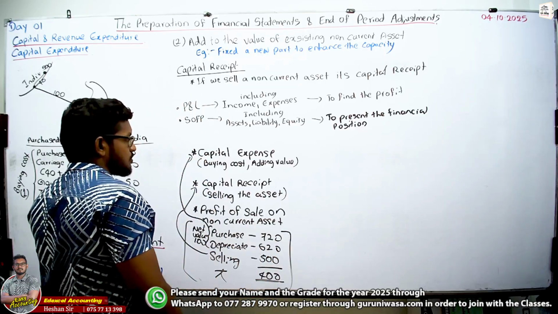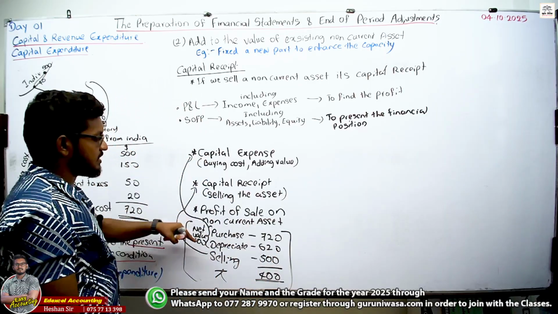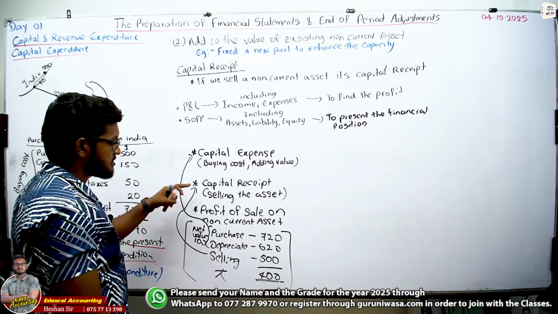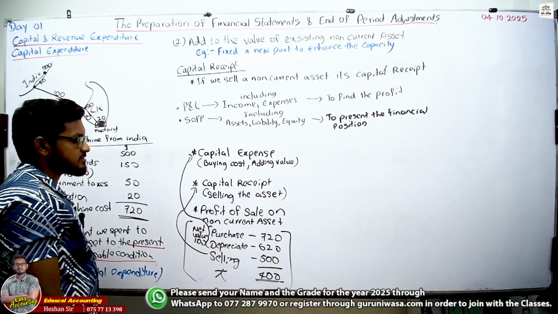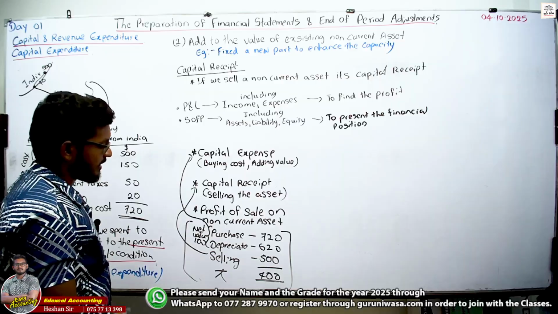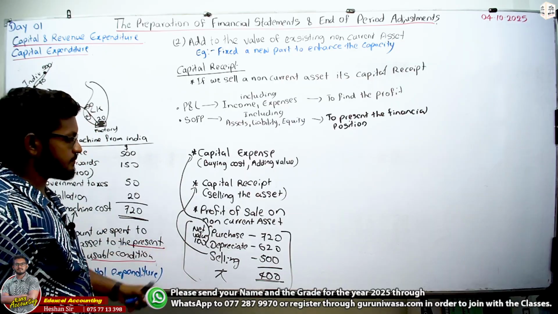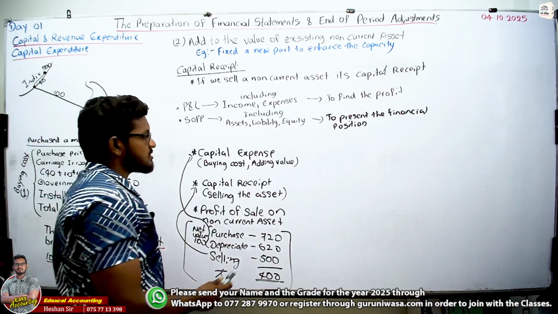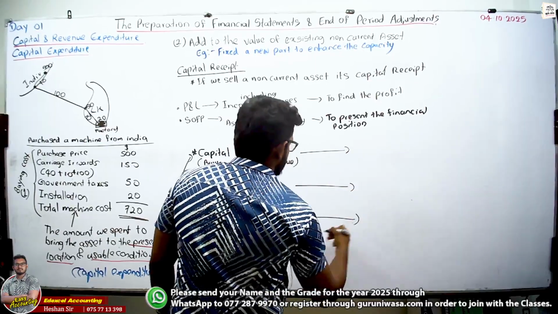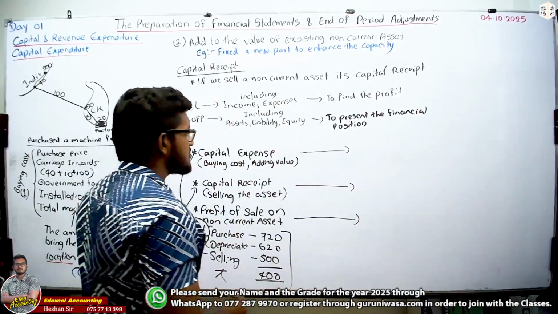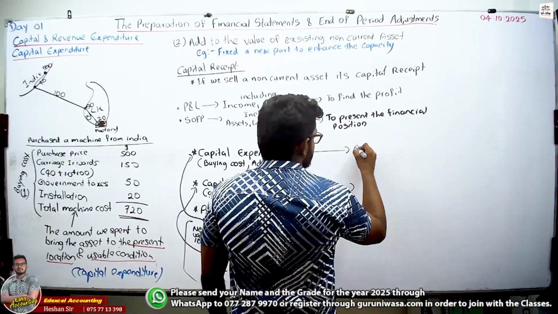Just remember, I just want to tell you the purchase price is 720. That is the capital expense. We are selling it for 500, and we had already depreciated it to 620 up to the point of selling, right? Now just remember, the capital expense is an asset.